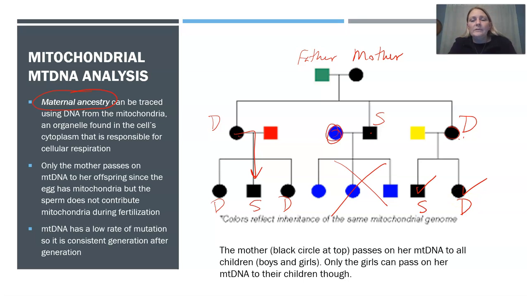Okay, and remember, the reason why you only get mitochondrial DNA from the mother is that the egg cell has mitochondria. The sperm comes in to fertilize the egg. The sperm head does not have a lot of mitochondria in it. Most of the mitochondria in the sperm is in the tail to provide energy for movement of the sperm.